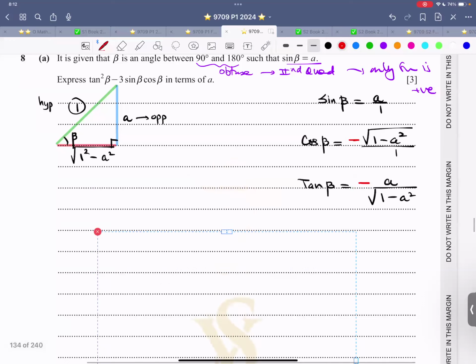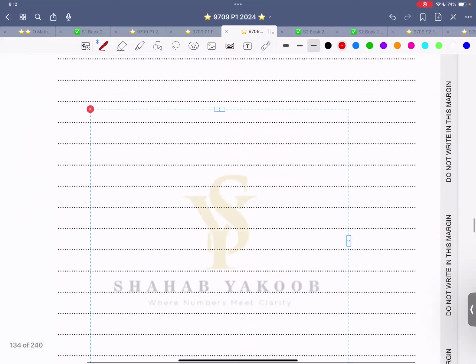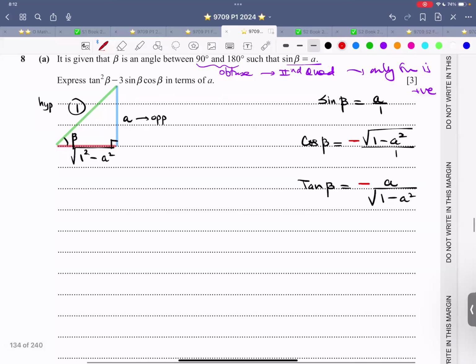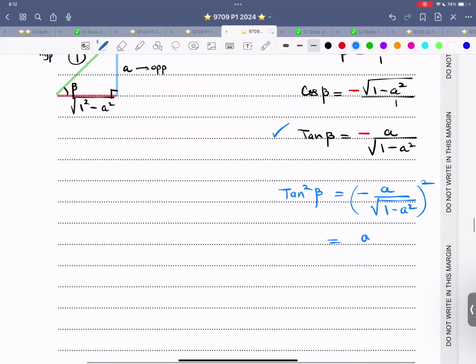Now it says, it's a lot of space. The whole page is there. Now it says, evaluate tan square beta. So let me do all these parts separately. First of all, let me evaluate tan square beta. So tan square beta, this minus a over square root of 1 minus a square, the whole thing squared. So what will happen? This is a square.